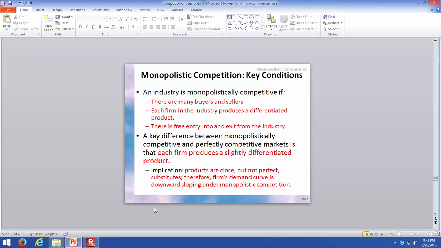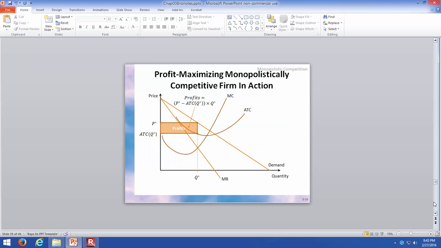Okay. So now here is the profit maximizing monopolistically competitive firm in action. So what do we see here? The determination of the profit maximizing price and output under monopolistic competition is the same as a monopoly, and each firm produces where marginal revenue equals marginal cost, and here the firm's profits are given by the shaded region.